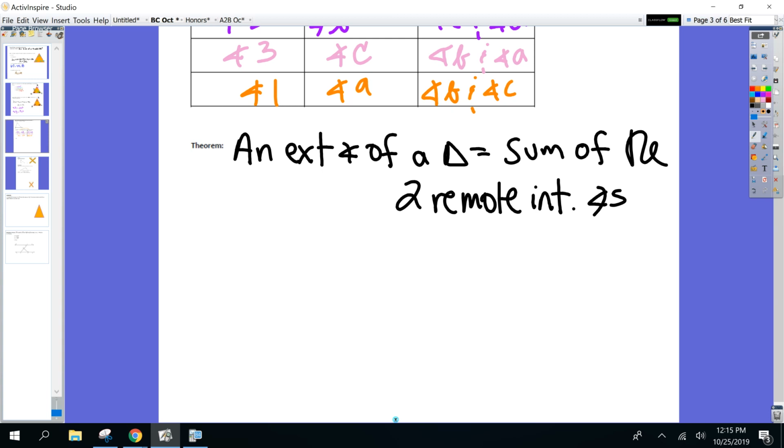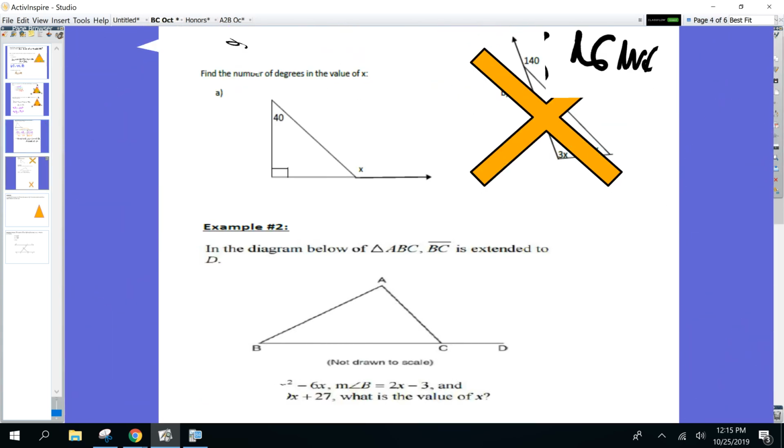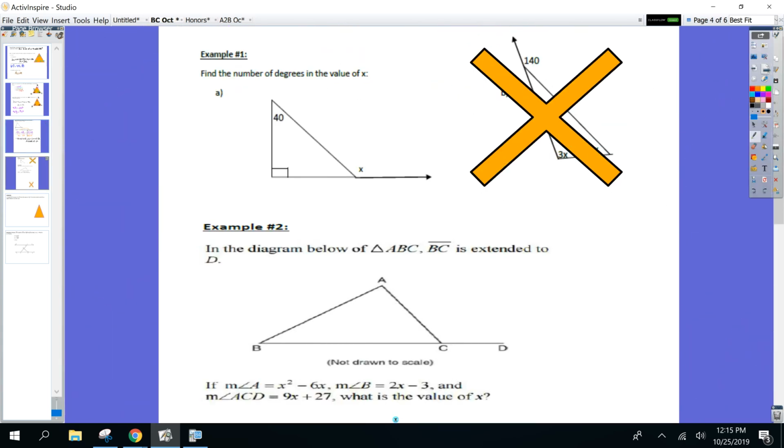Oh, good. Let's apply it. A very basic one here, for example, 1a, or just example 1.